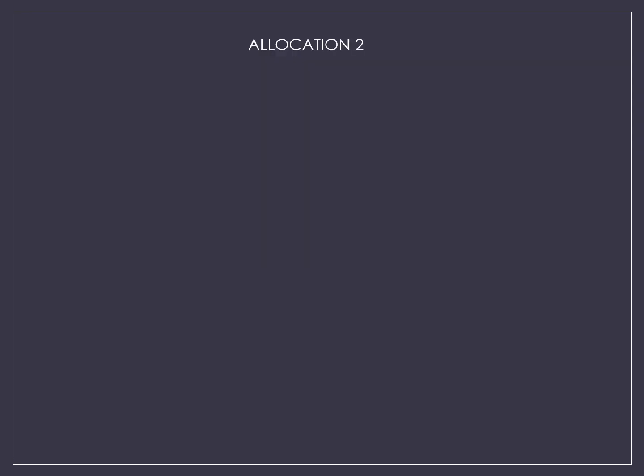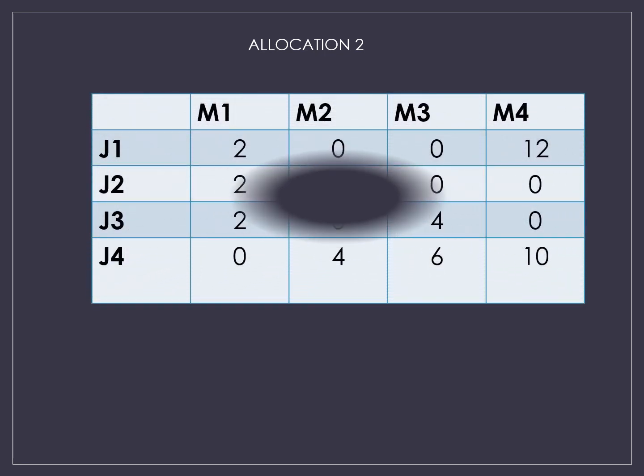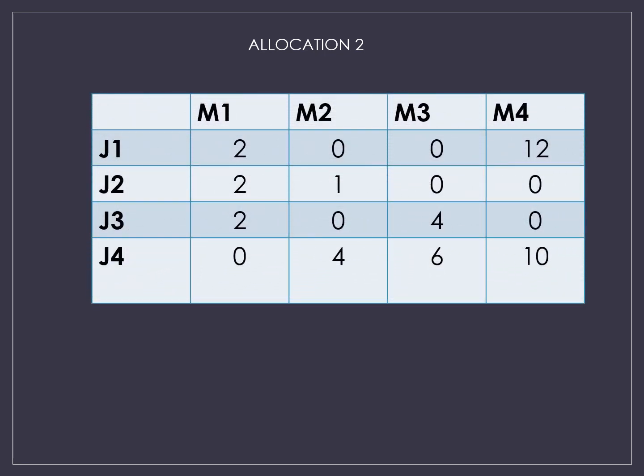Now let's go for allocation 2. As I explained earlier, since there is a single allocation for machine 1, we have to go for it. Therefore, for job 4, we allocate machine 1. In the earlier one, we had machine 2 for job 1. Now, in this allocation, we go the other way around, which means we allocate machine 2 for J3.